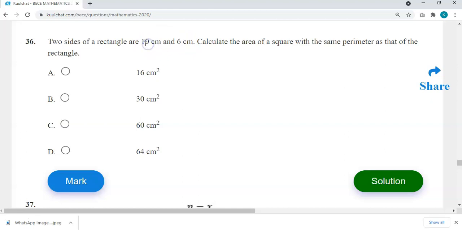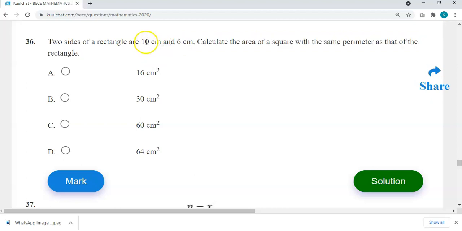So the perimeter of the rectangle is going to be 2 times 20 plus 6, times 2. Perimeter is just adding all the lengths. Since the rectangle has two of the sides equal, there will be another 10 centimeter side and another 6 centimeter side.